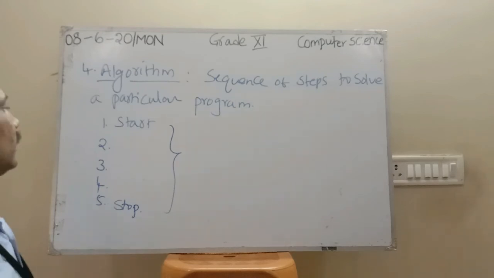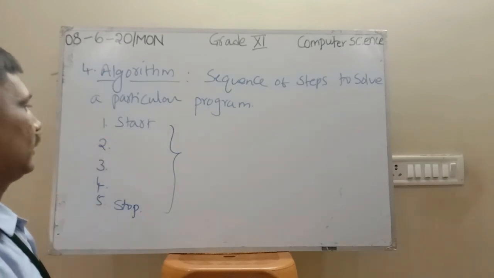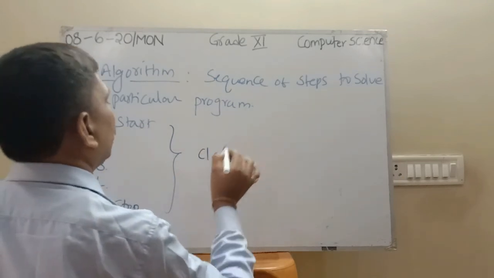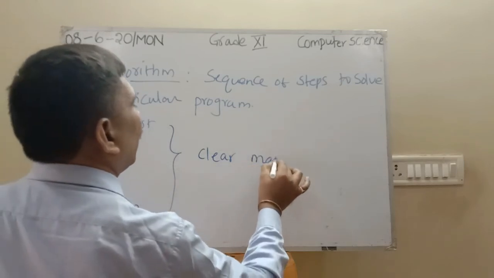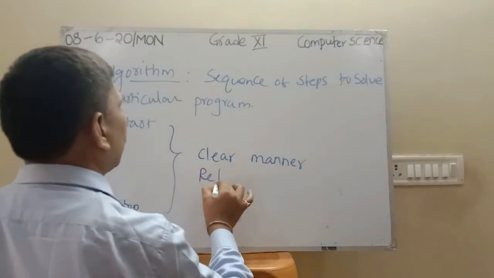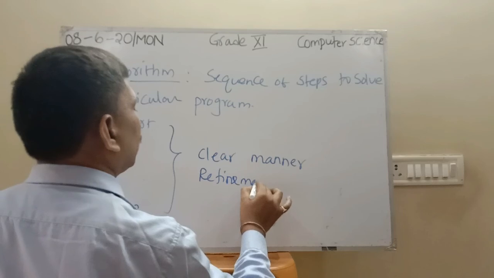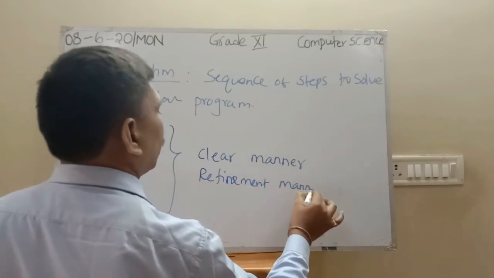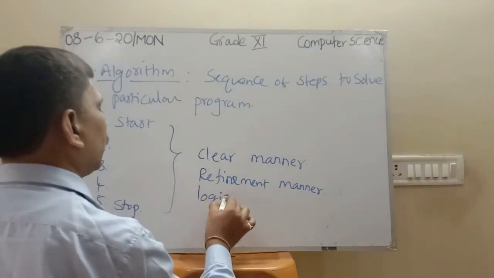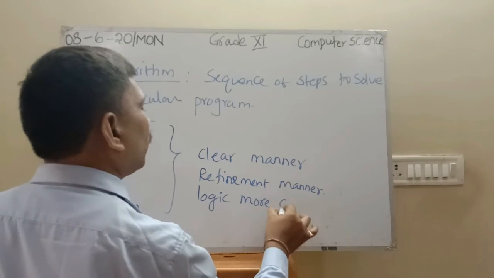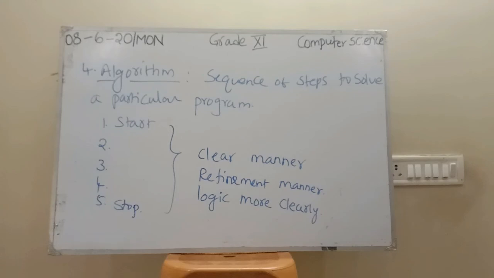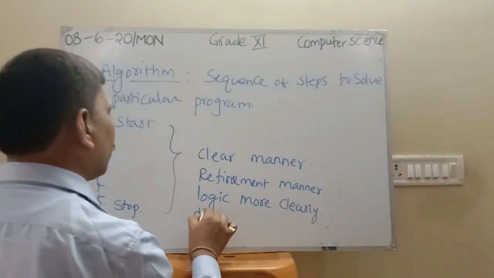After that, all these steps are written in a clear manner, in a refinement manner, so the logic can be developed more clearly. So we implement the divide and conquer method.